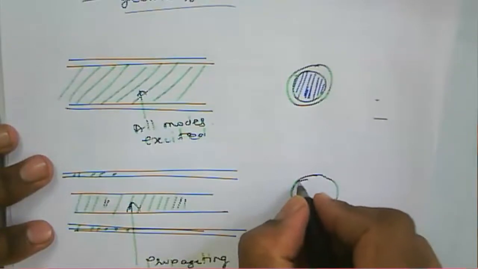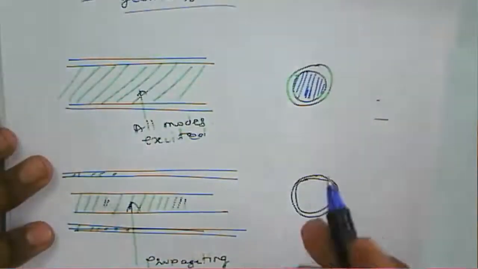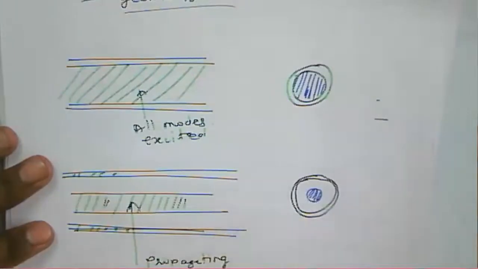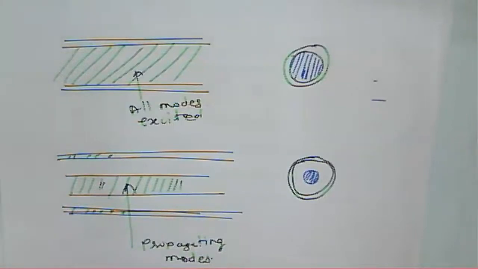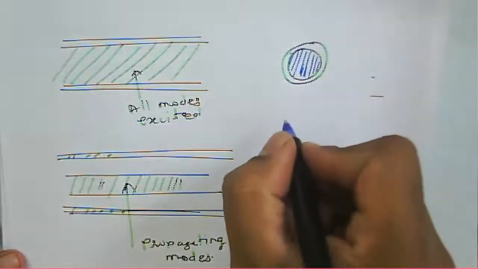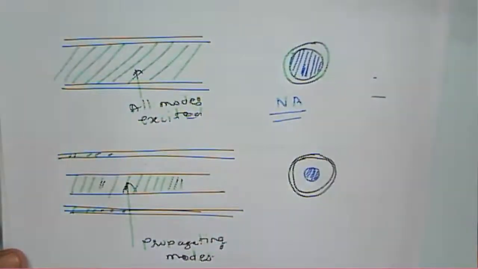And in this particular case, this is the core of a fiber, but instead it is a partially filled fiber core. So we should know that for a given particular fiber, if it is partially filled or fully filled, the numerical aperture of that fiber will be different.